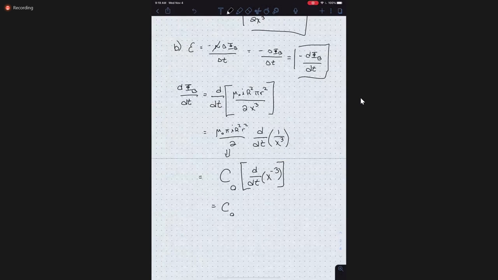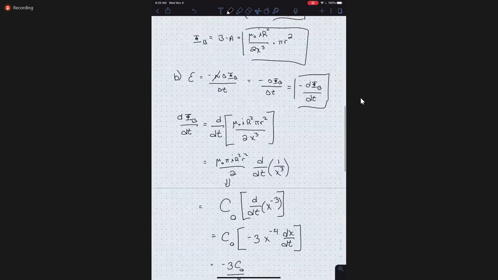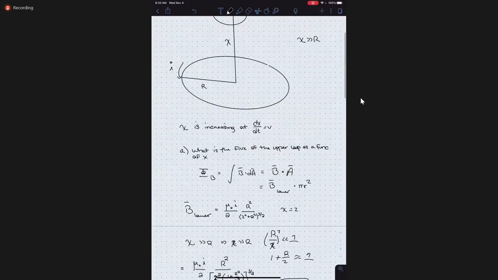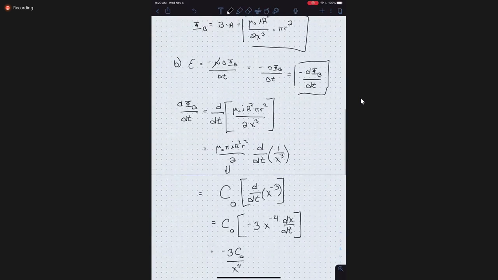So this is c naught multiplied by minus 3 x to the minus 4 dx/dt. This is just the chain rule for derivatives. So we have minus 3 c naught over x to the 4th times dx/dt, and we define dx/dt as some constant v. So we can just call this v.